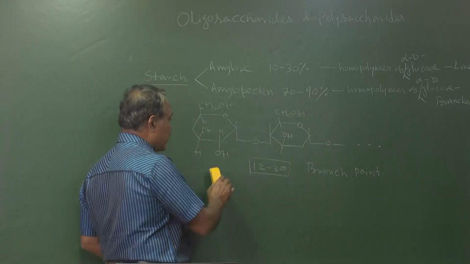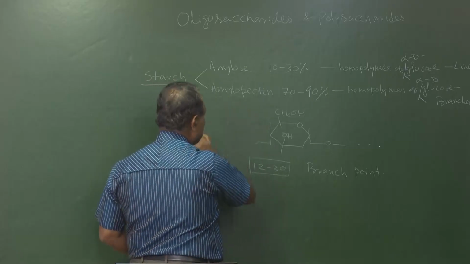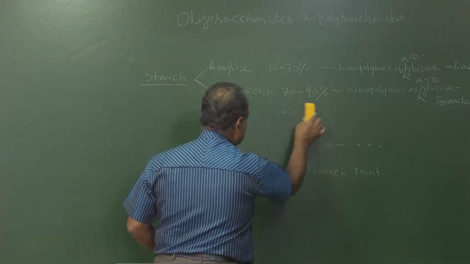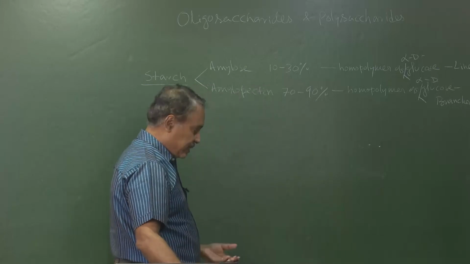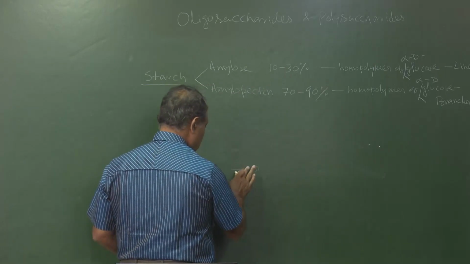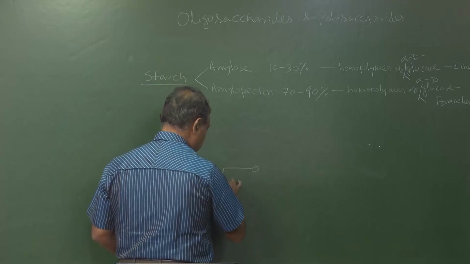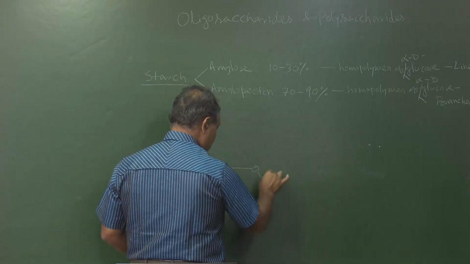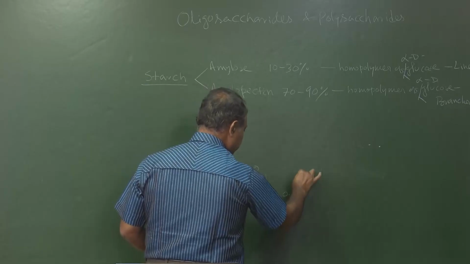But at a branch point, a glucose molecule will be joined with 3 glucose units. It is like this.